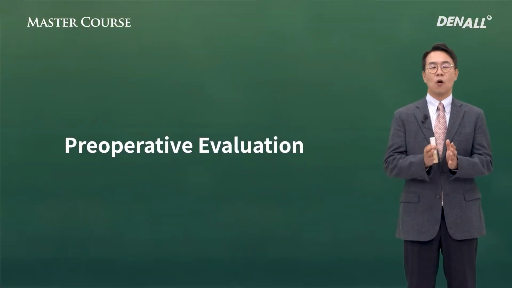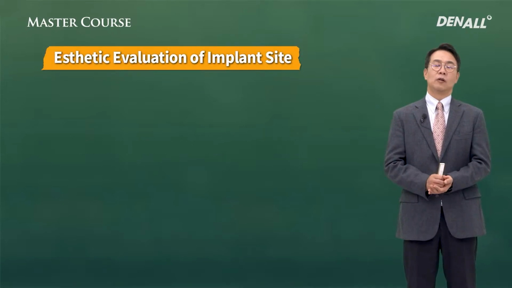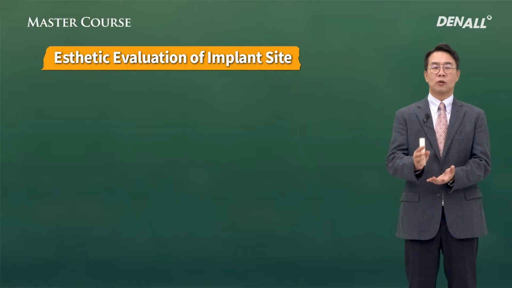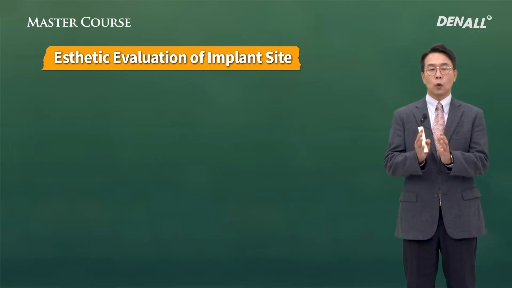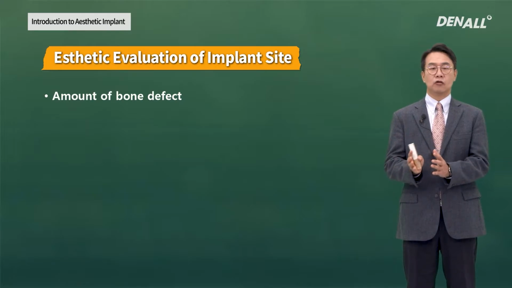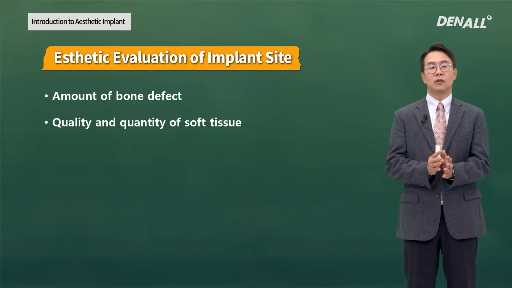Before we do surgery, what do we need to evaluate? First, the implant site, hard tissue and the soft tissue, whether they are damaged or maintained intact. First, we need to identify the amount of bone defect, bone loss. Second, the quality and quantity of soft tissue.